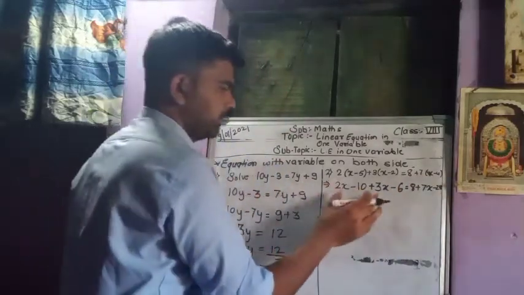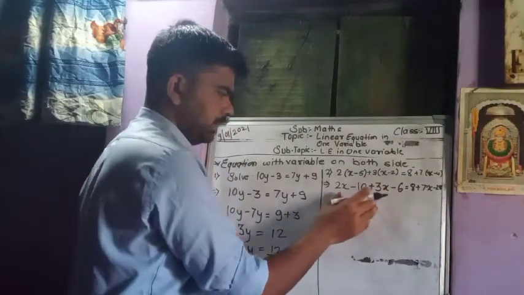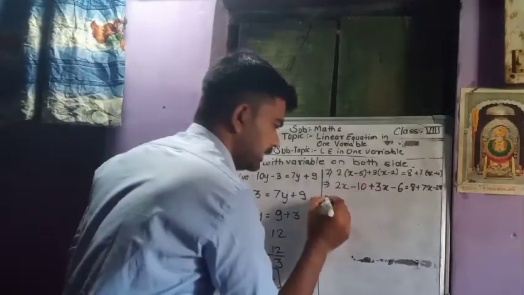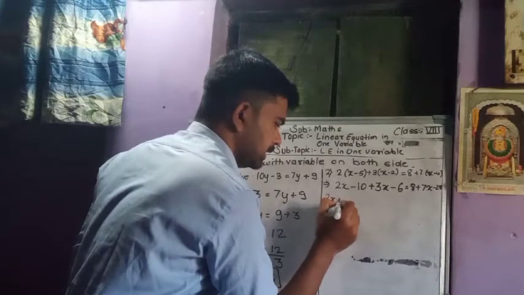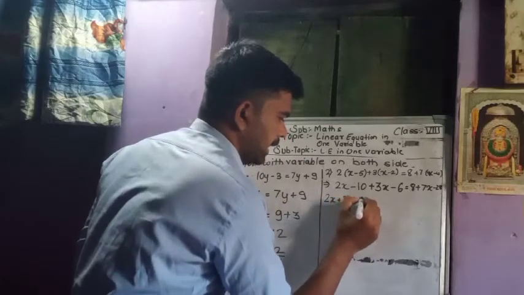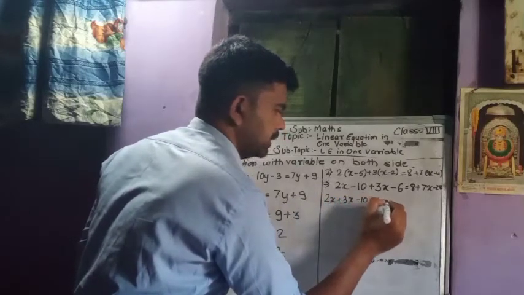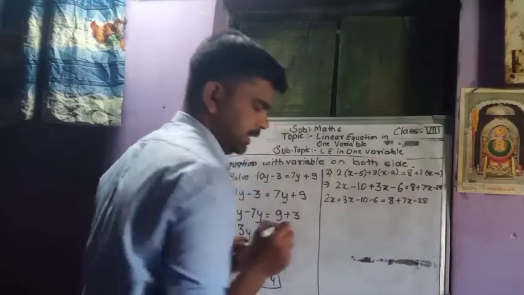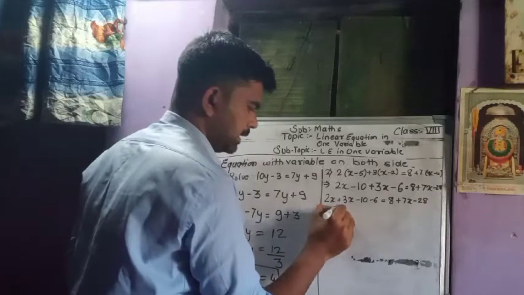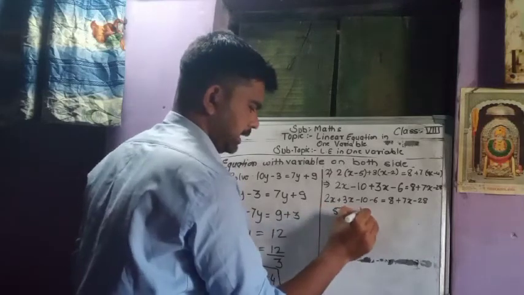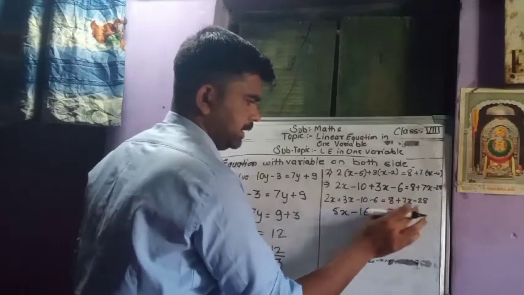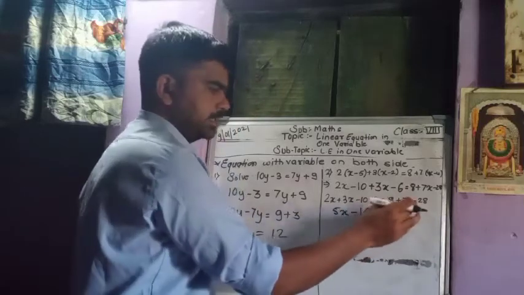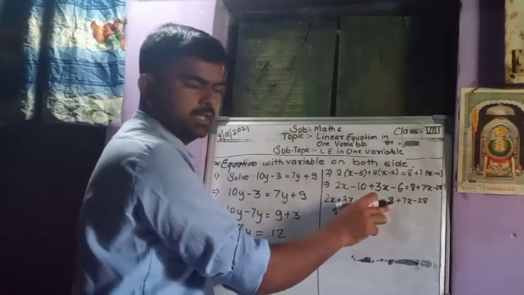So what we'll do, first the operation on this x value. So we'll get 2x plus 3x minus 10 minus 6 equal to 8 plus 7x minus 28. So it will become 5x minus 16, again 28 minus 8, this is 28 and plus 8.